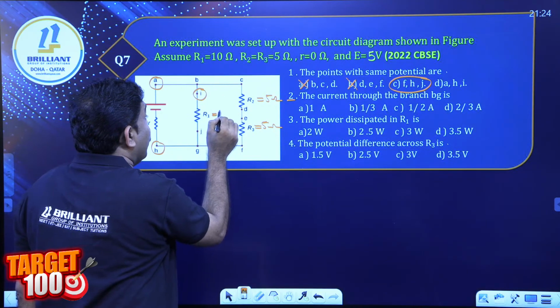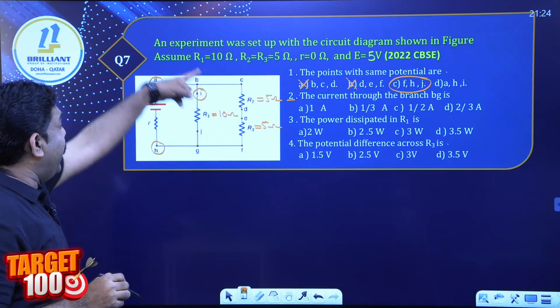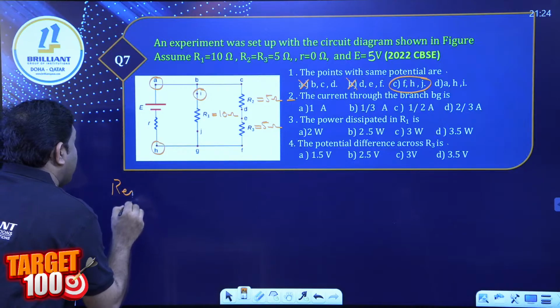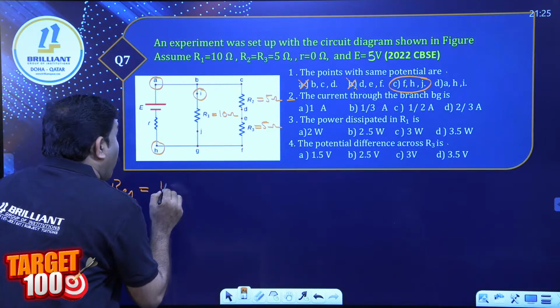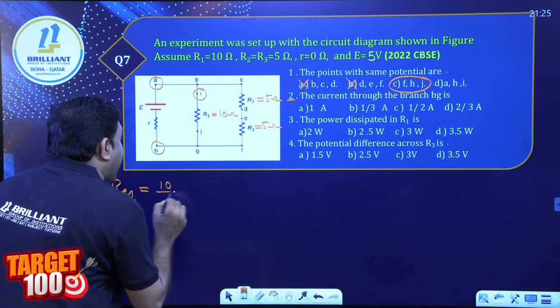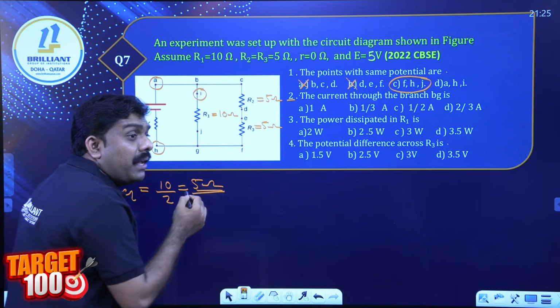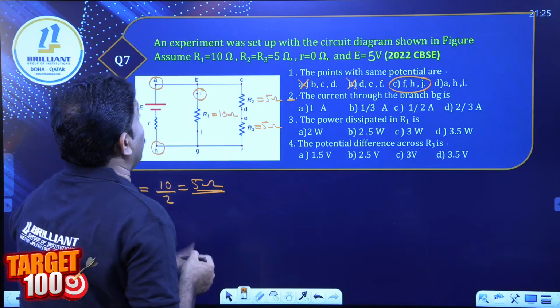This other branch is already given in the question as 10 ohm. So 10 ohm and 10 ohm are in parallel, so the equivalent resistance is 10 by 2, that is 5 ohm. So R equivalent is 5 ohm.